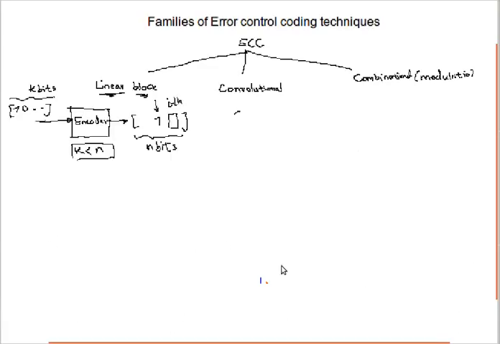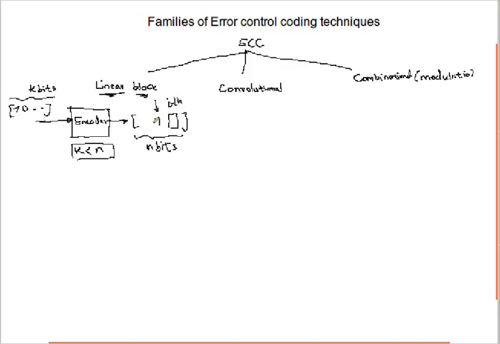The idea for convolutional codes is that you have a linear combination of your k bits to obtain the output for the ith entry of your vector.